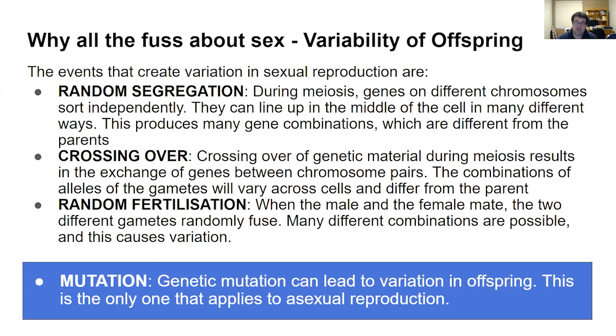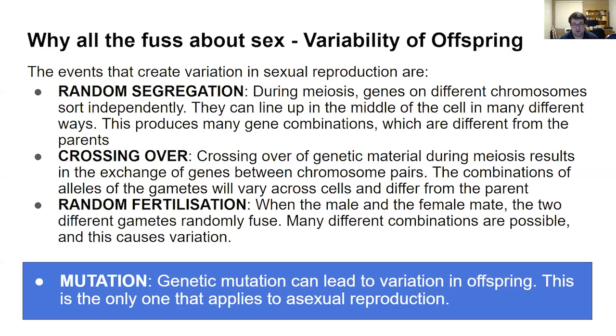A random one of each pair is separated, so there is a massive number of combinations of chromosomes in the sex cell of a human, a combination of both their parents' genes, and only half of the individual's total genes. So that's one way in which variation is produced.